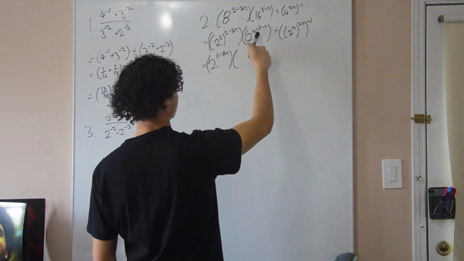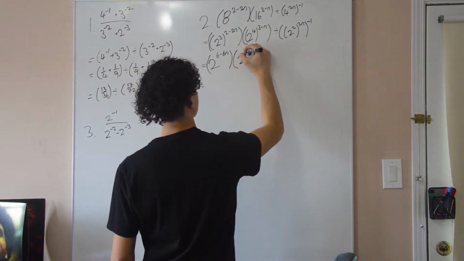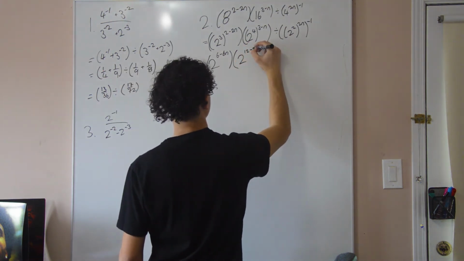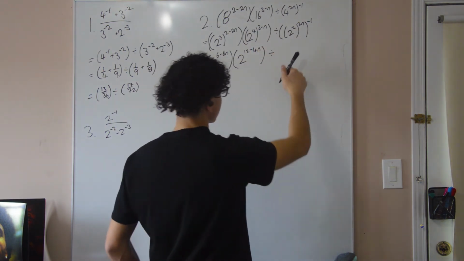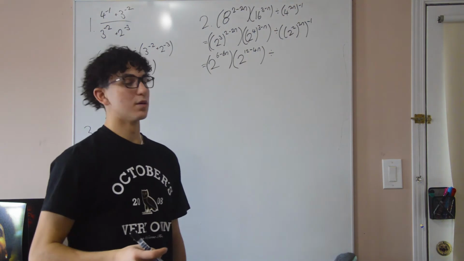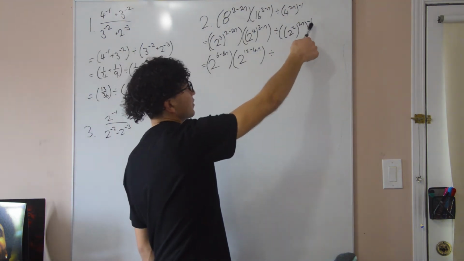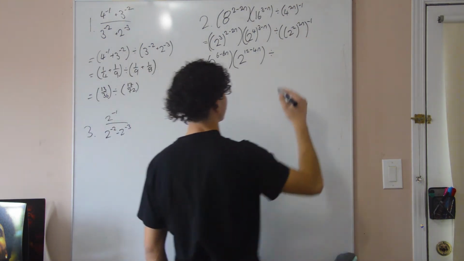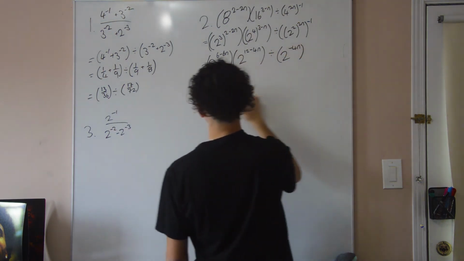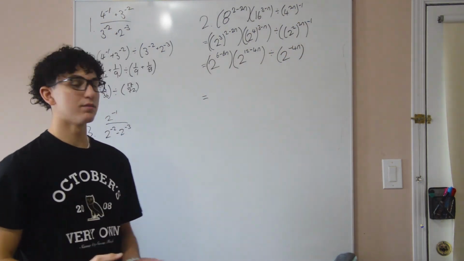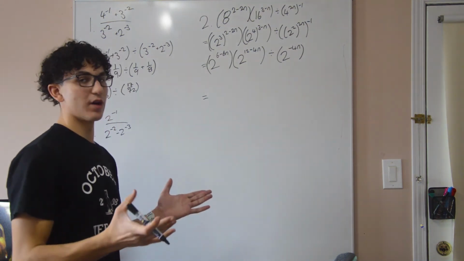Let's do this bracket now. 4 times 3 becomes 12, and 4 times negative n becomes negative 4n. Let's do this one. So 2 times 2n becomes 4n, and then times negative 1 becomes negative 4n. Perfect. And from here, we can simply simplify.